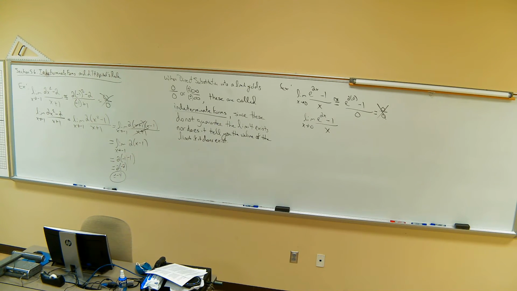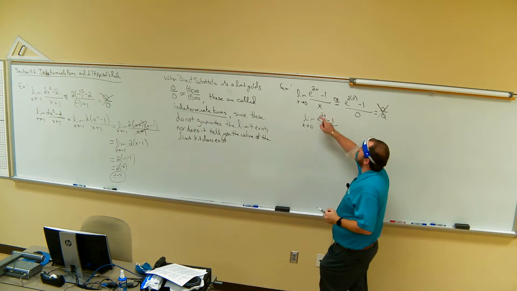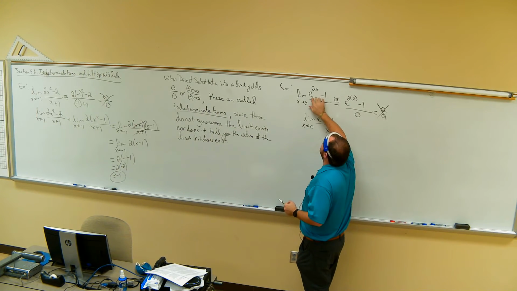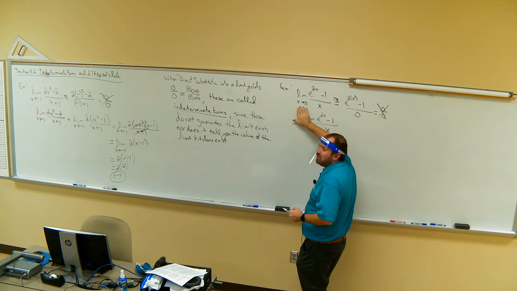So the other piece we have to check is whether the numerator and denominator are both differentiable. If we consider each of these as functions separately, is the derivative of e to the 2x minus 1 valid around x equaling 0?